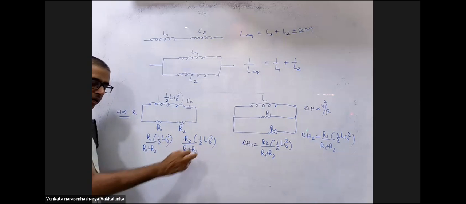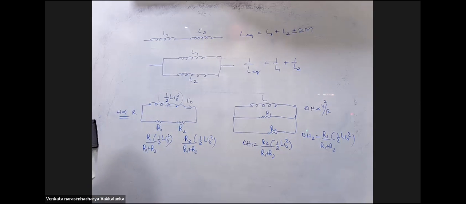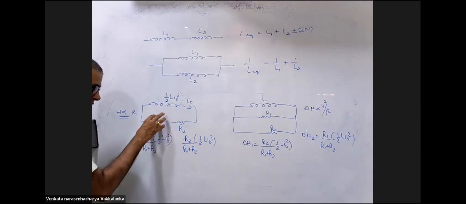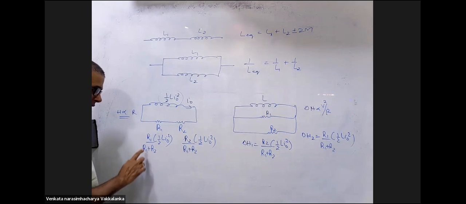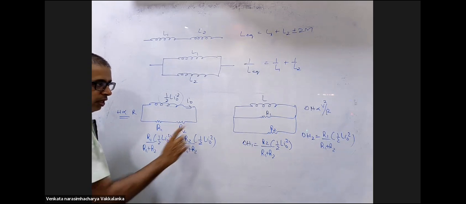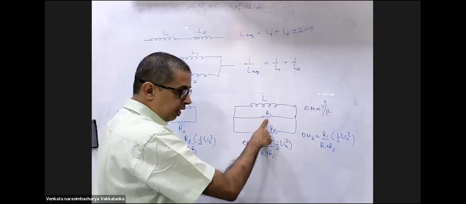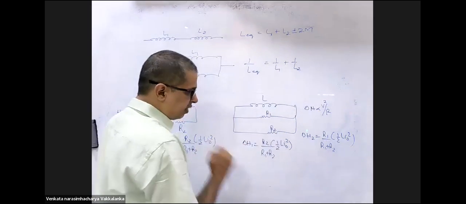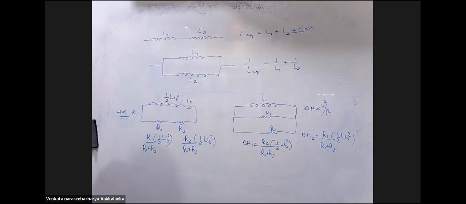Heat dissipated in this, heat dissipated in this. Here, heat through R1 will be R1 by R1 plus R2 in series, and in parallel the heat through R1 will be R2 divided by R1 plus R2. If I have forgotten in any batch, please make a note of it.